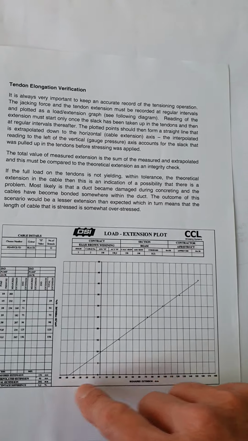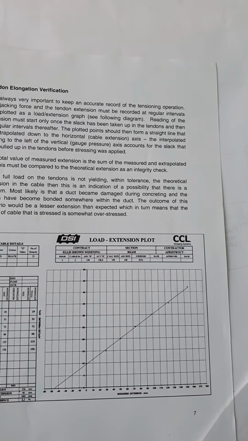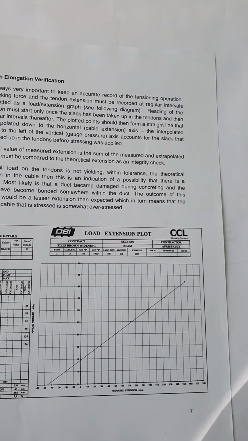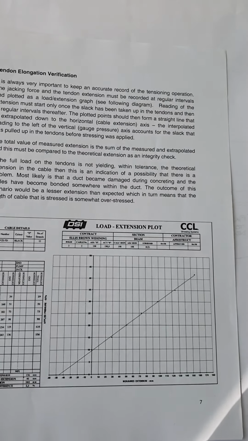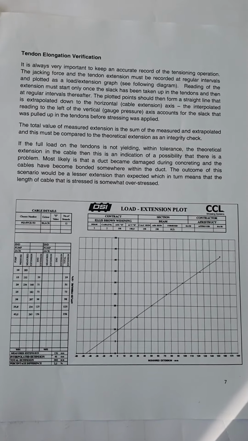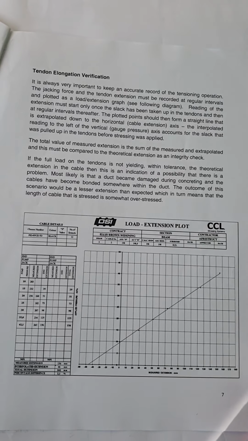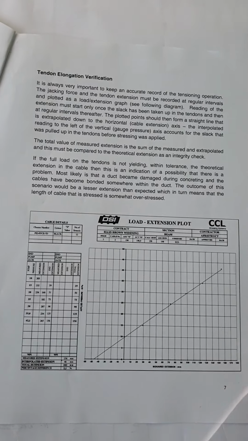Your total measured force, your total measured extension is then compared with theoretical extension, and you can use this as an integrity check to make sure that the correct force has been applied into the cable and the cable is extended by the full amount.